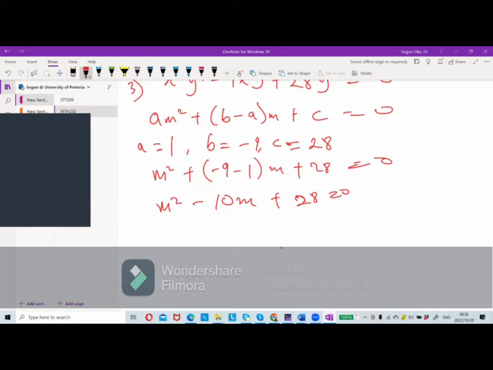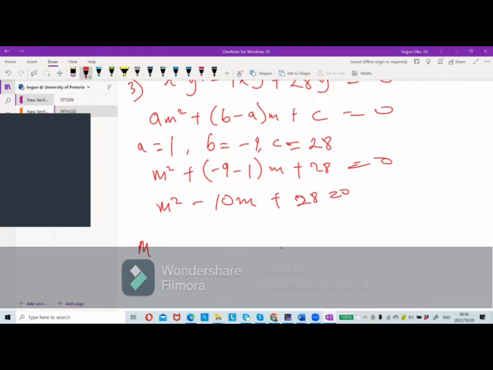So how do we solve this? Remember your m. You cannot factorize this, you know that.